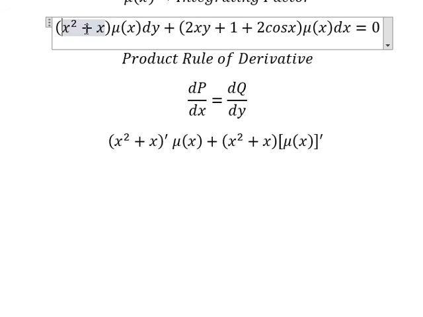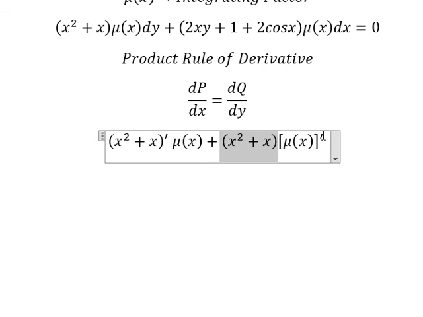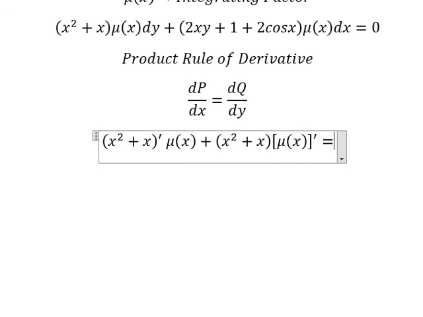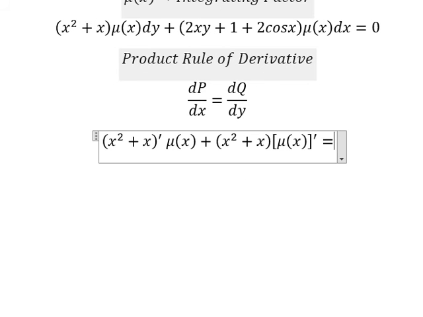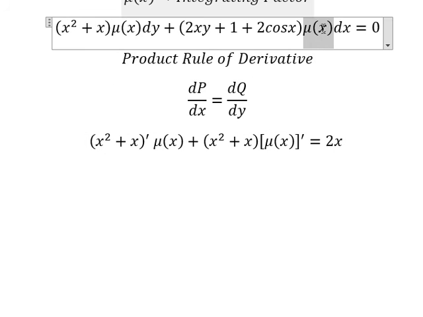So we do first the derivative of this one multiplied by mu s. Later we do the derivative of mu s multiplied by this one. Next, about this one, we have this one in here. That's 2s multiplied by mu s.